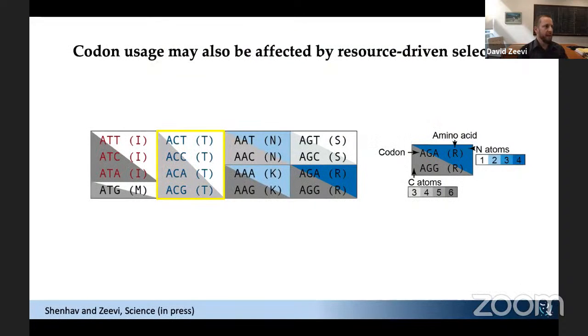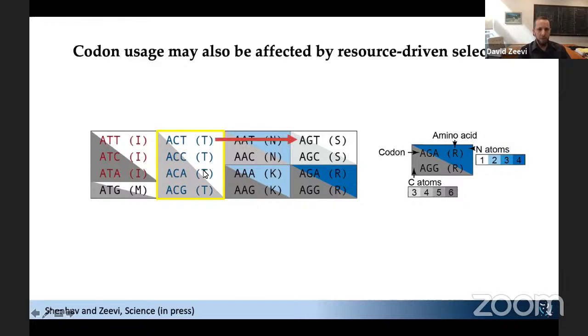And in order to look at that, we looked at all of the codons that start with adenine, with A. The reason that we looked into that specific row of the genetic code is because when we examine threonine codons, for example, we see that there's a clear difference between the top 2 codons and the bottom 2 codons.